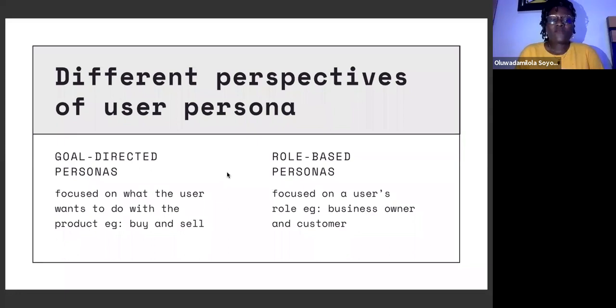All right, another example. So for goal-directed personas, another question, sorry. For an app like Uber, I know we'll be hearing Uber a lot, what would be the goals of the users?